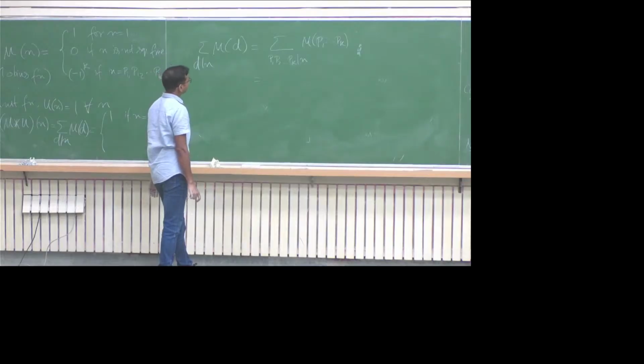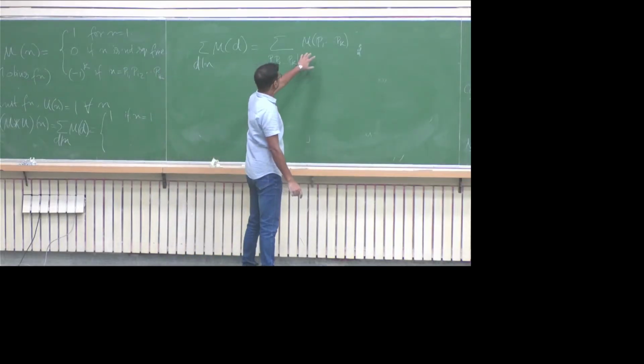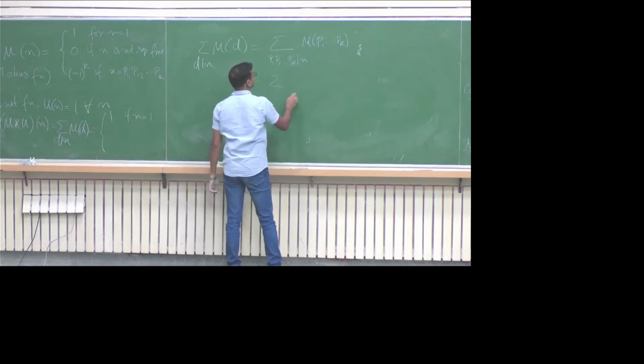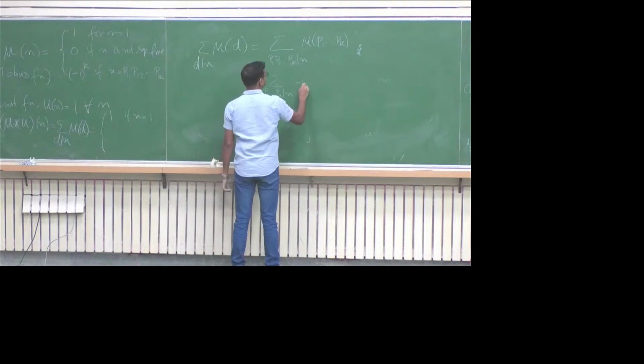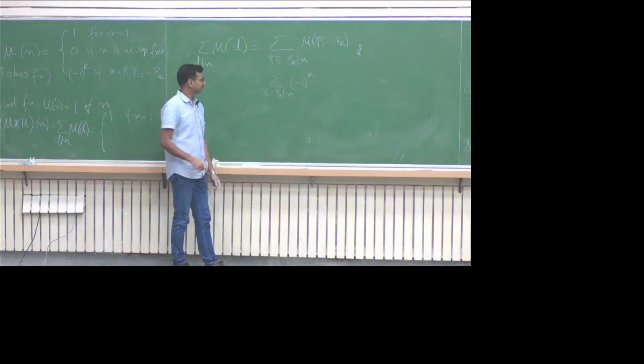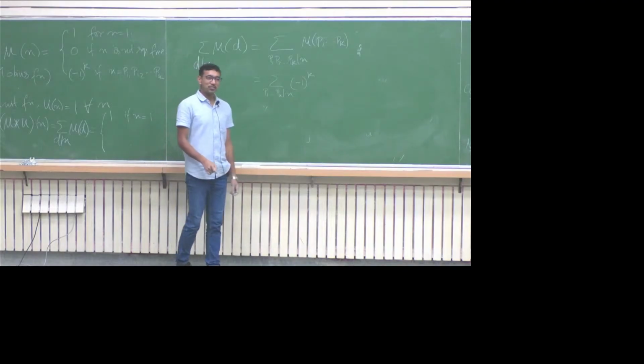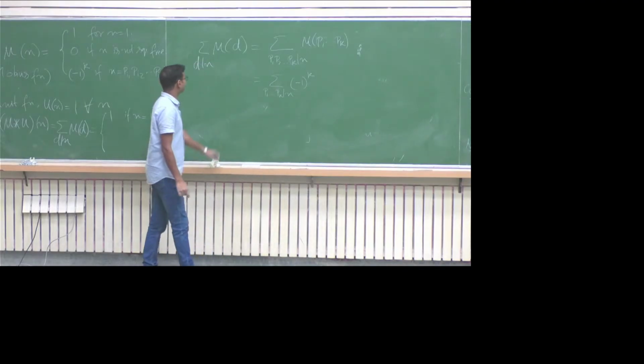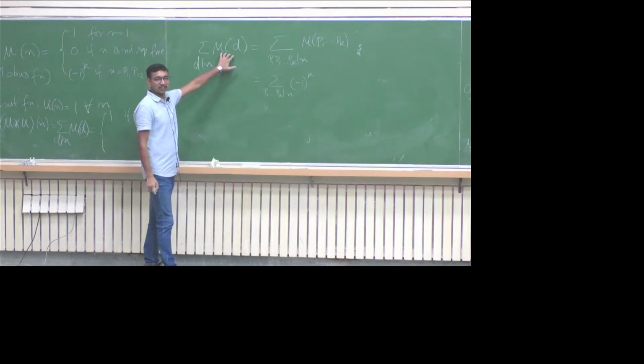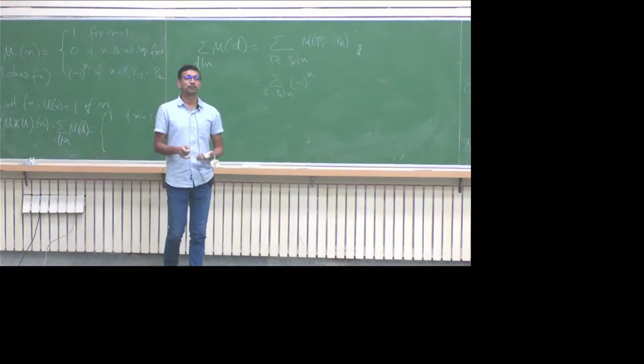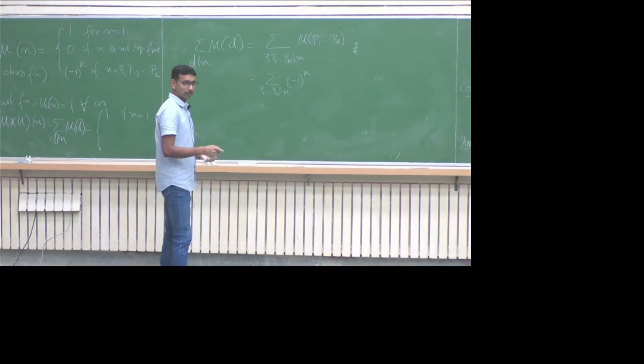So now this one is just the sum over p1 ... pk dividing n of minus 1, so we get that. But that's not what you said, right? You said to divide n instead. Yes, of course.